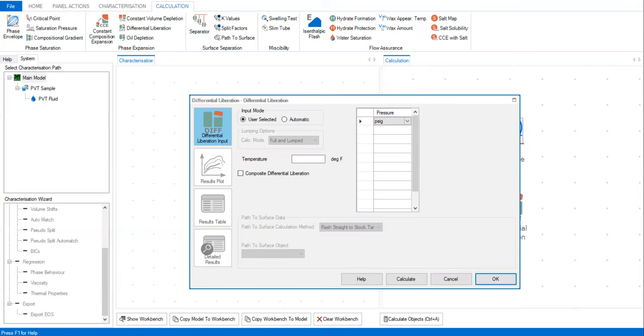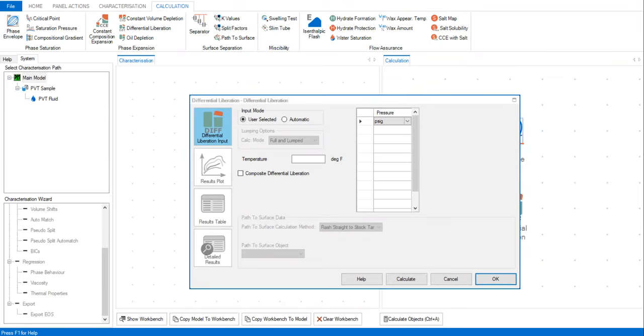Okay, and before doing everything here, please note that by the nature of the differential liberation experiment, the composition of the fluid remaining in the container that we used in the experiment will begin to change as the pressure is reduced below bubble point or saturation pressure, since the gas that evolved will be removed from the container, from the cell.